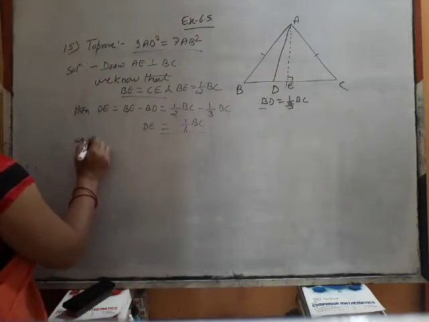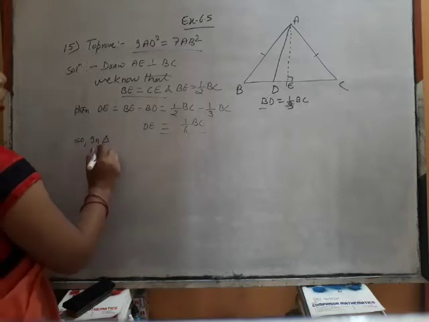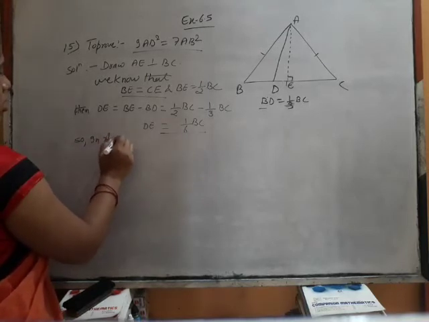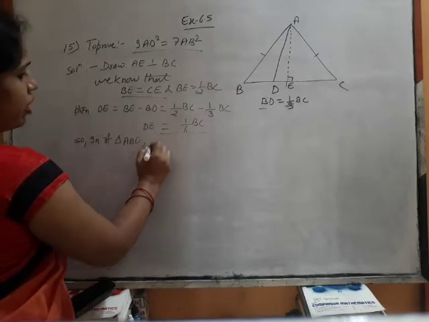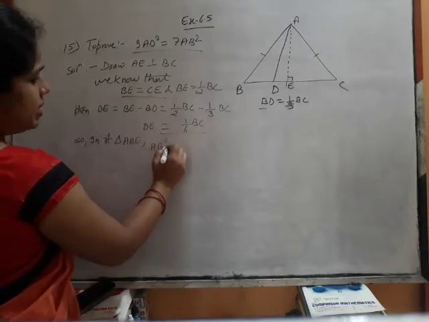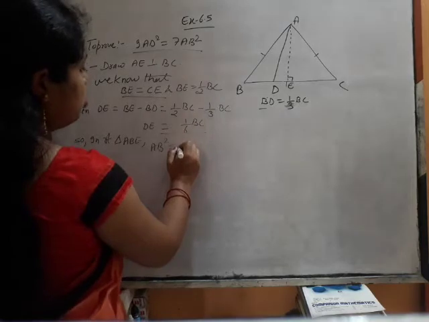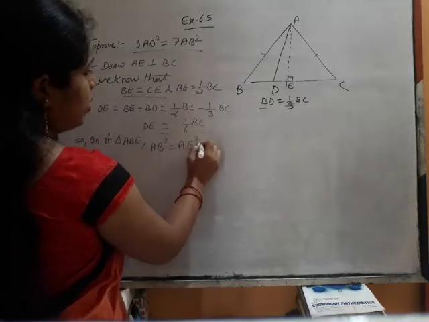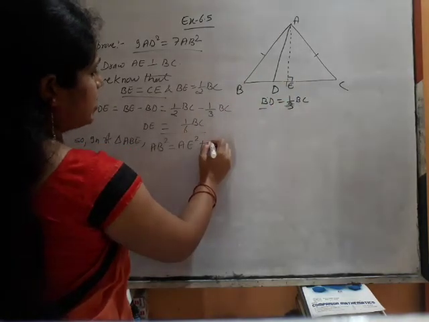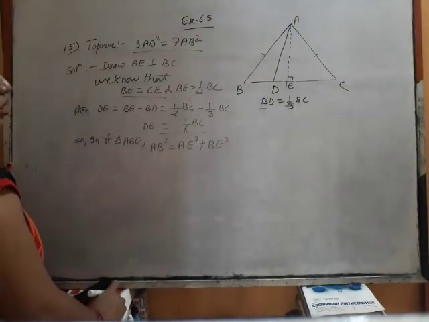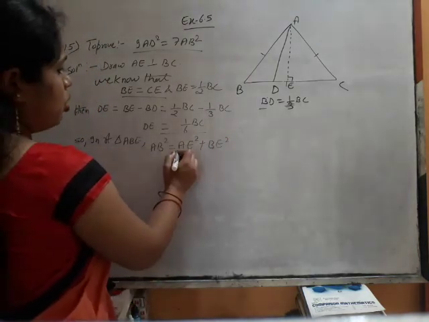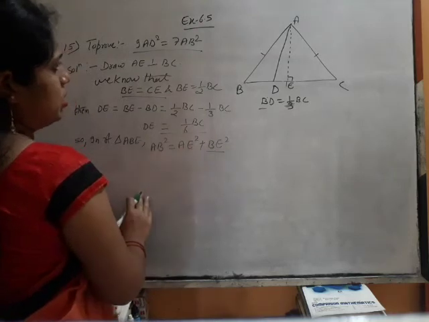So in right triangle ABE, we have AB square is equal to AE square, that is perpendicular, plus the base BE square.